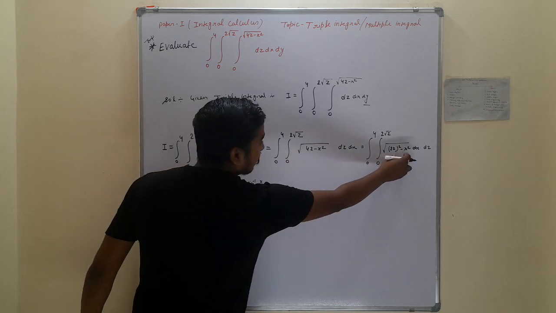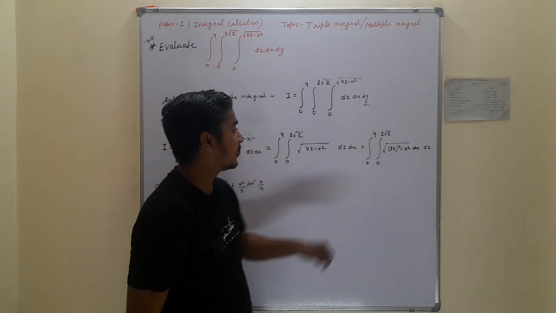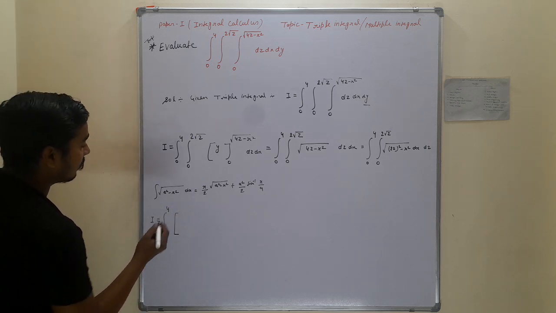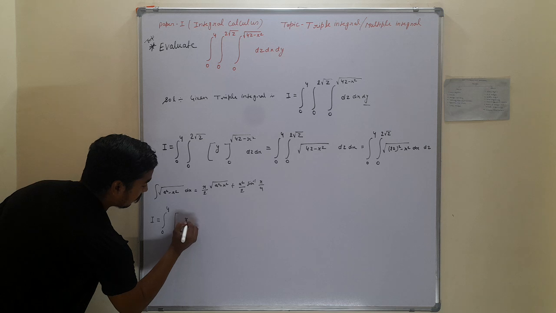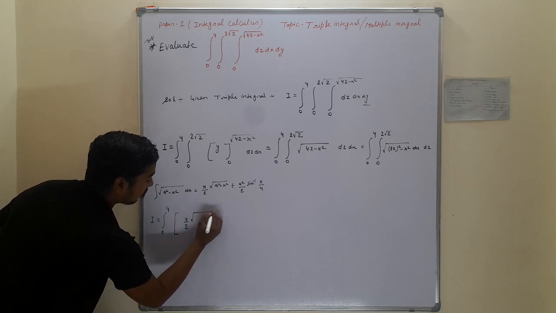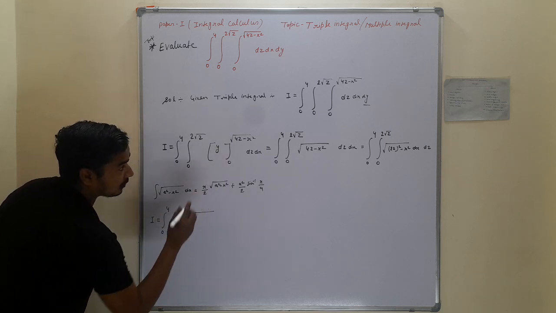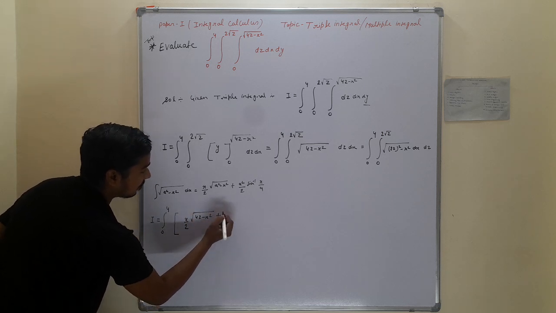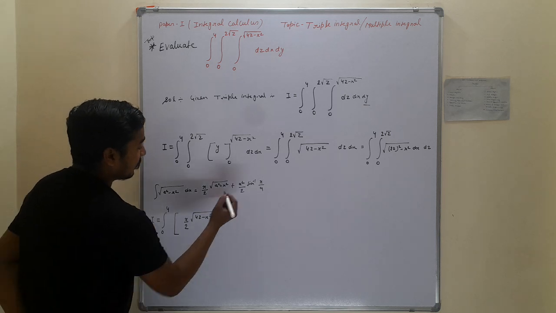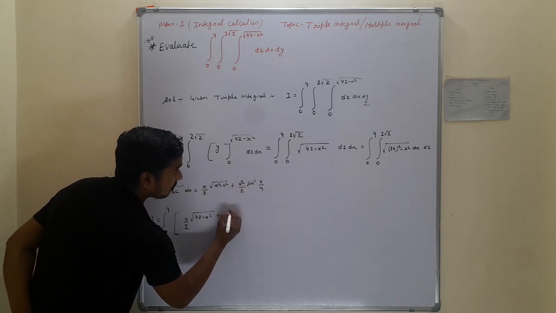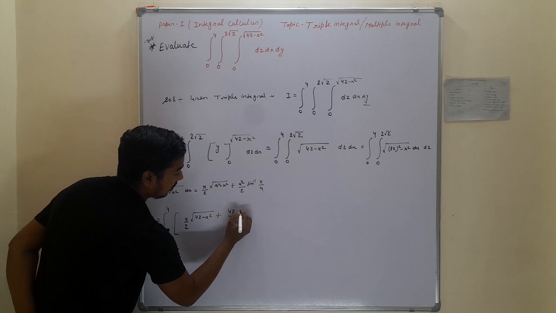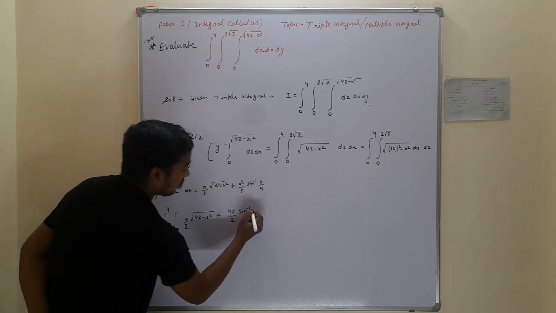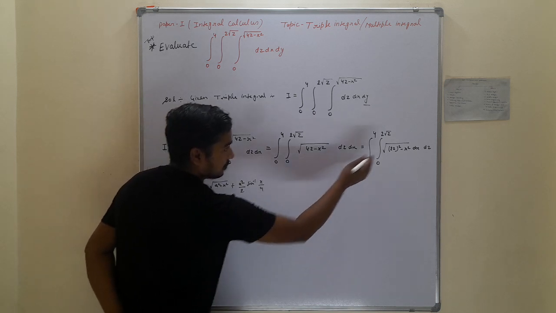Let a be 2z, so we write x by 2 under root of a square minus x square, that is 4z minus x square, plus a square by 2, that is 4z by 2, and sine inverse of x by a, where a is 2z.